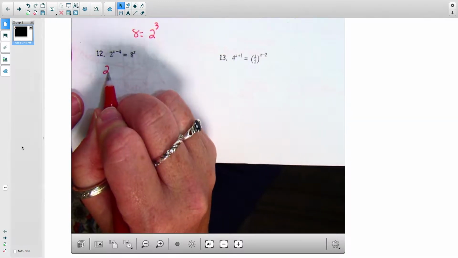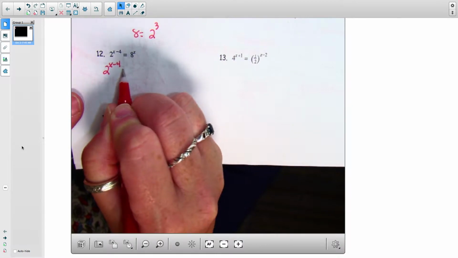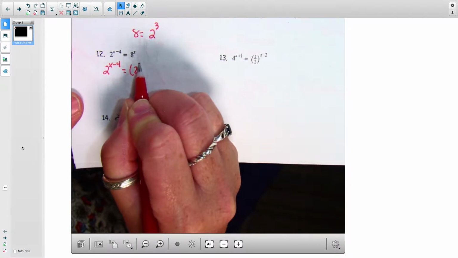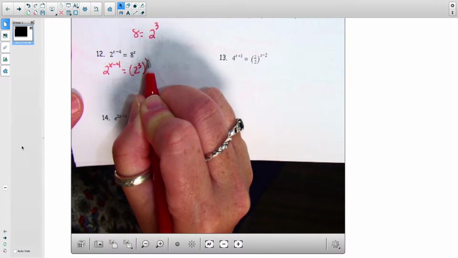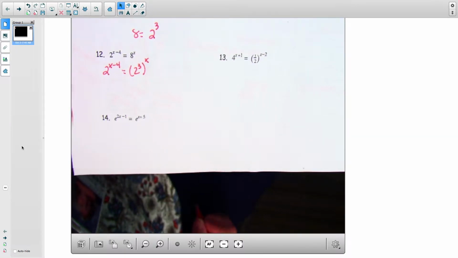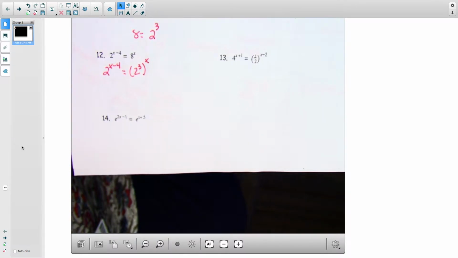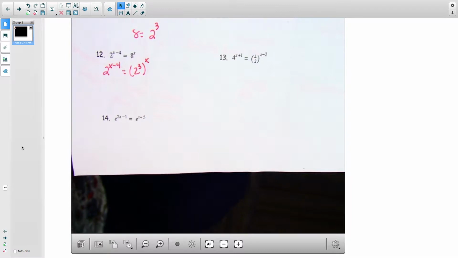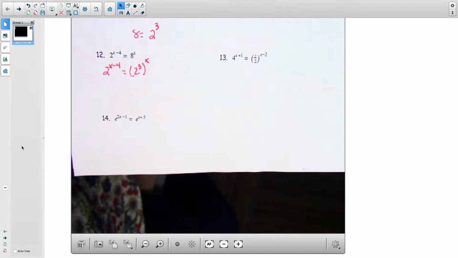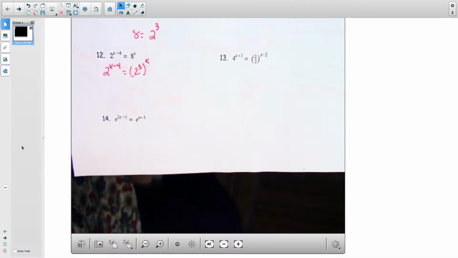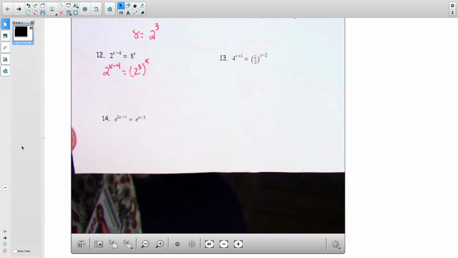So this isn't going to change. But 8 is 2 to the 3rd power. So I just wrote 8 with a base of 2. And now power to a power, what do I do with those exponents? Multiply them.